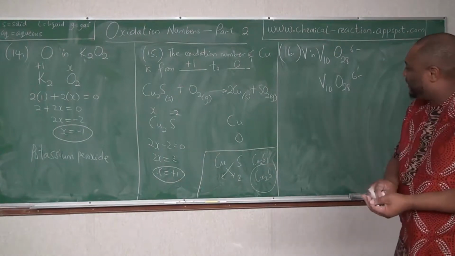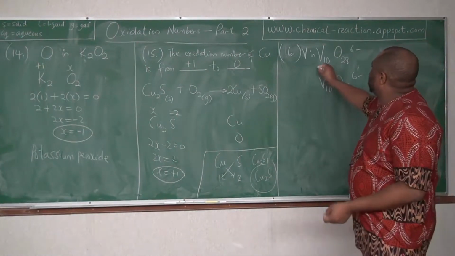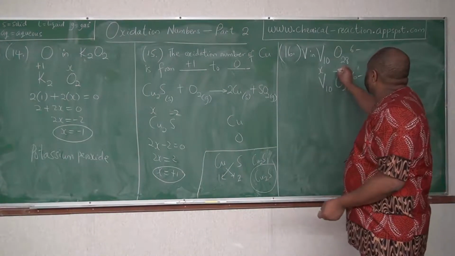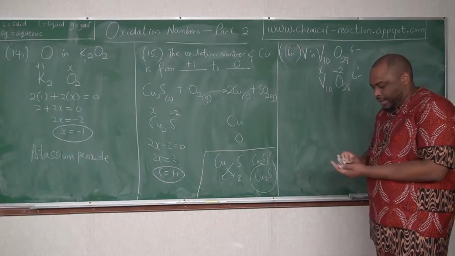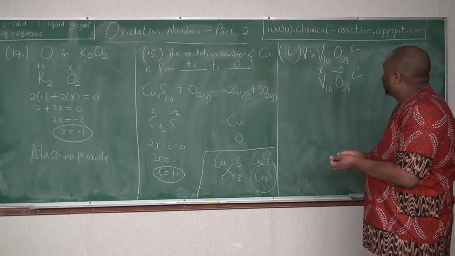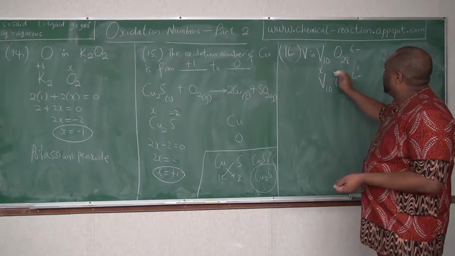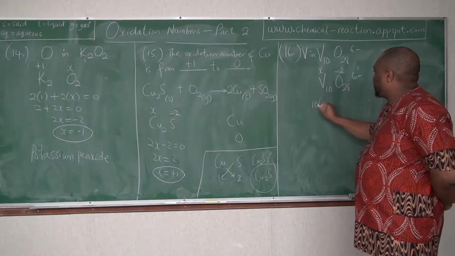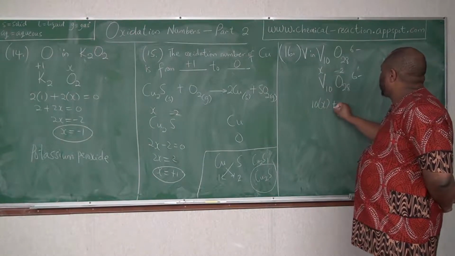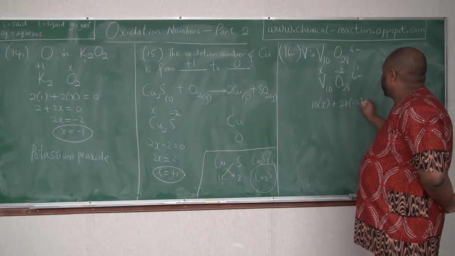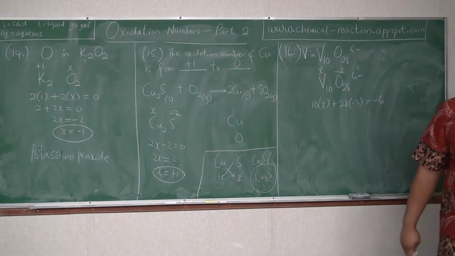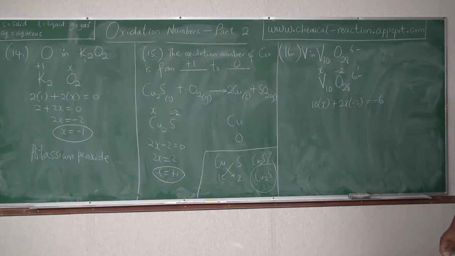Alright, so let's look at V10O28 6 minus. Let the oxidation number of vanadium be X. Oxygen is minus 2. So this is 10 times X plus 28 times minus 2 equal to minus 6, equal to the charge on the ion.